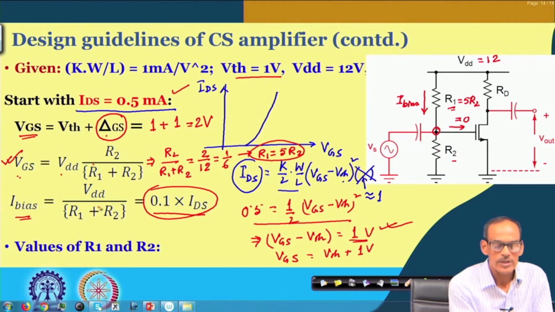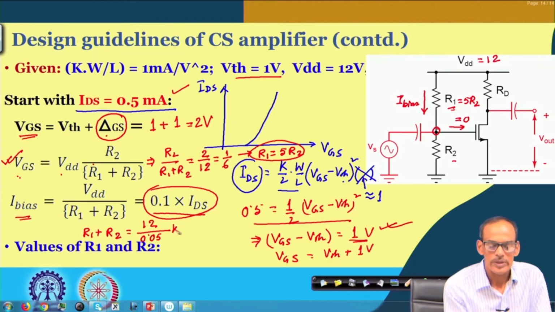So, that gives us R1 plus R2 equals 12 divided by 0.05 milliampere. So, that means it is how much? 240 kilo ohms.